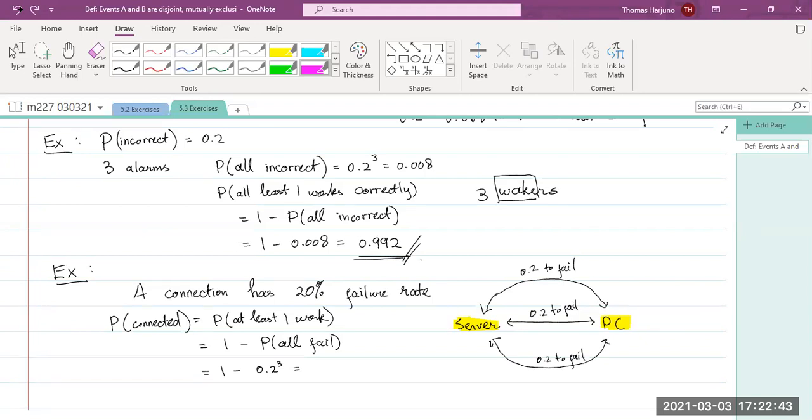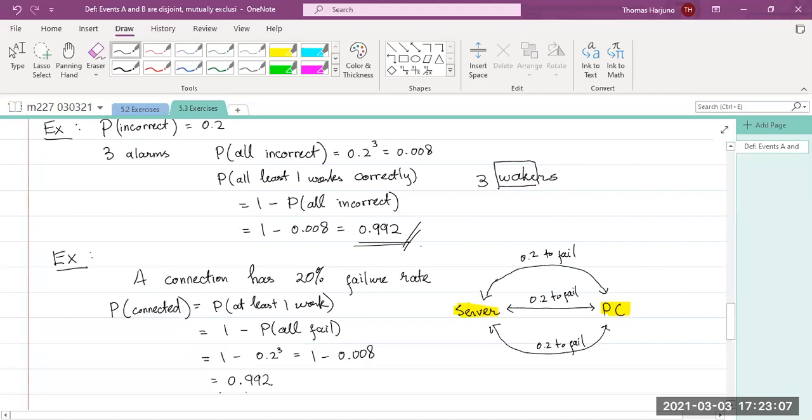As long as all three of them work independently, the probability that all of them fail is 0.008. So the probability that you are still connected, that you have at least one connection working, is 0.992. So you see your reliability suddenly increased that high by doing so.